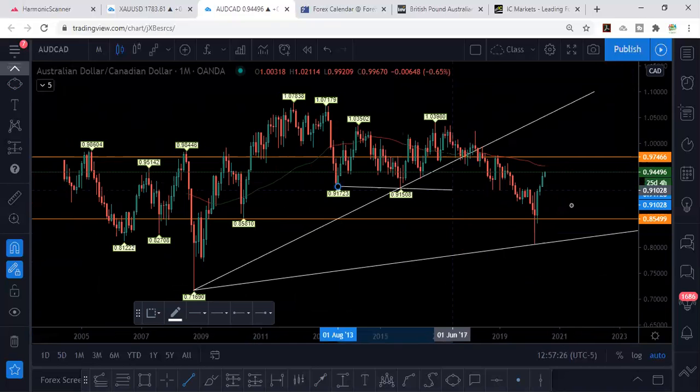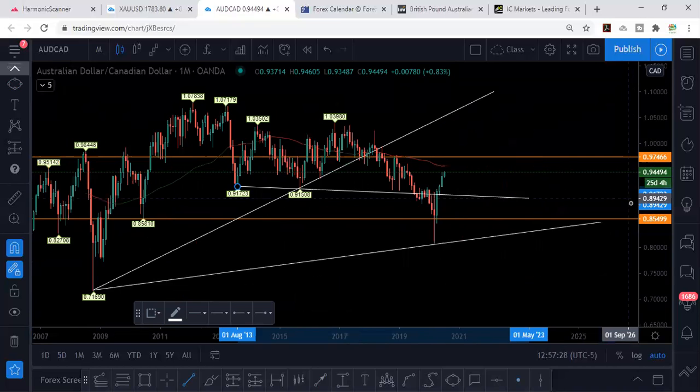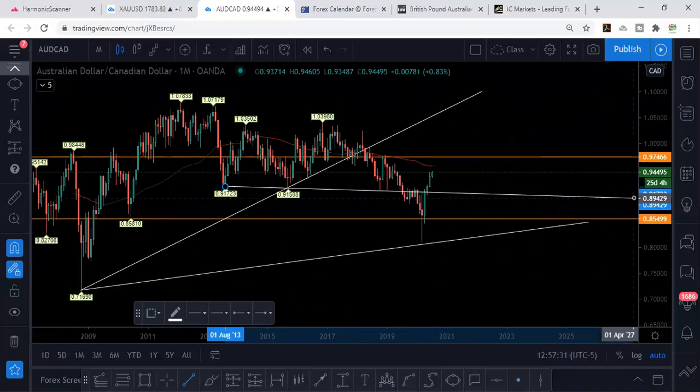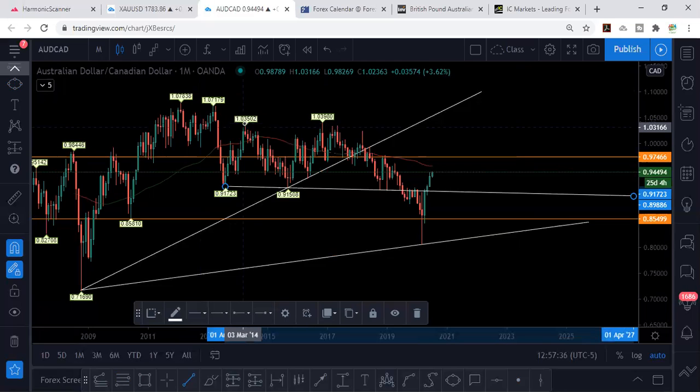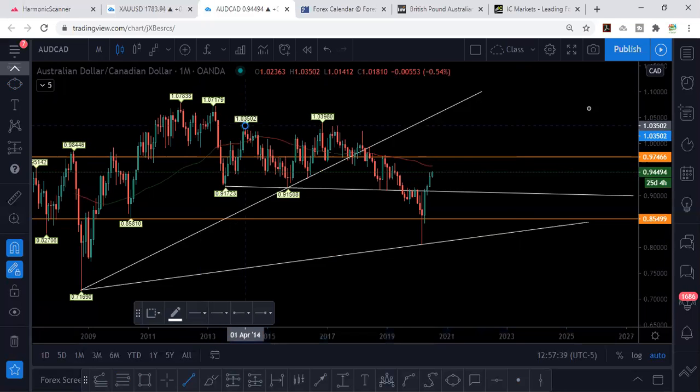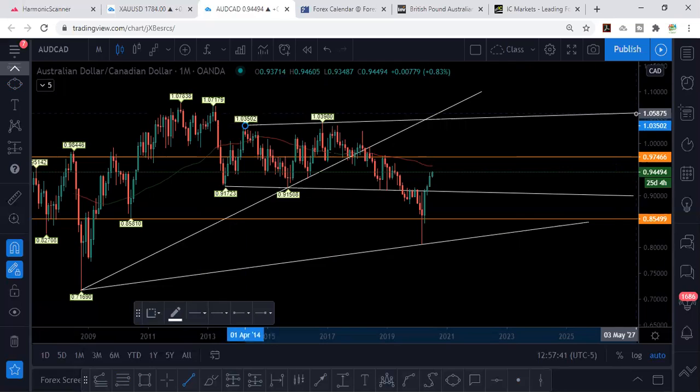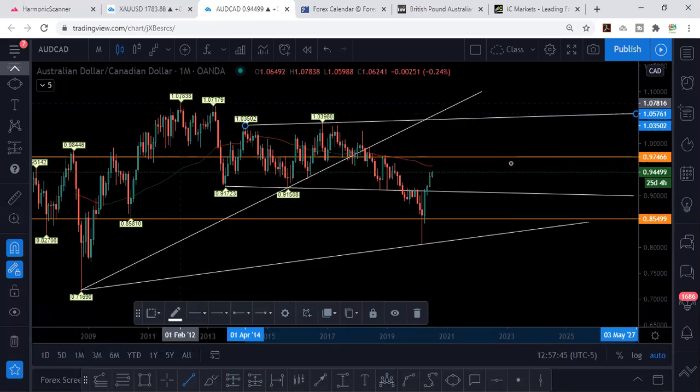Are you seeing how I'm drawing my trend line? Yeah. So you draw your trend line. Draw another trend line here. So then from this right here.